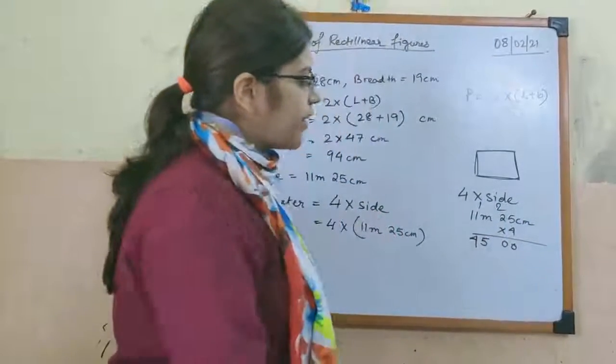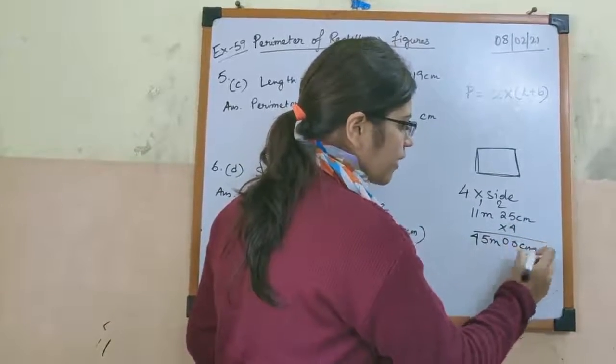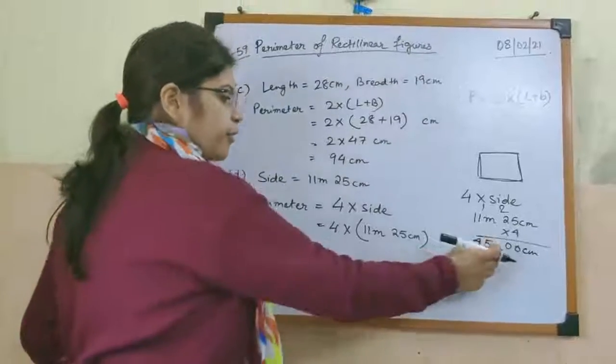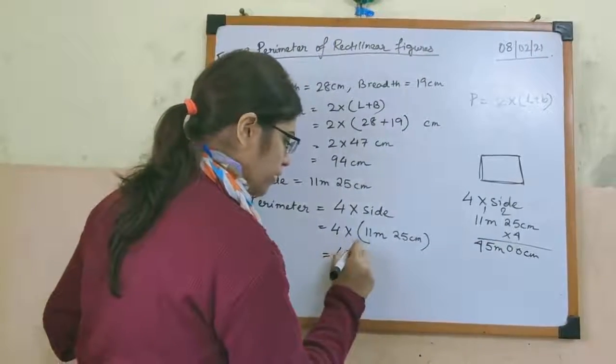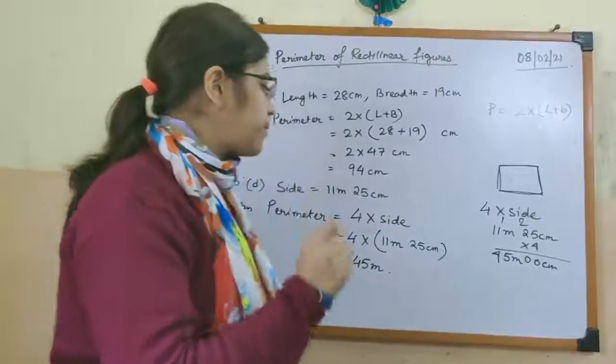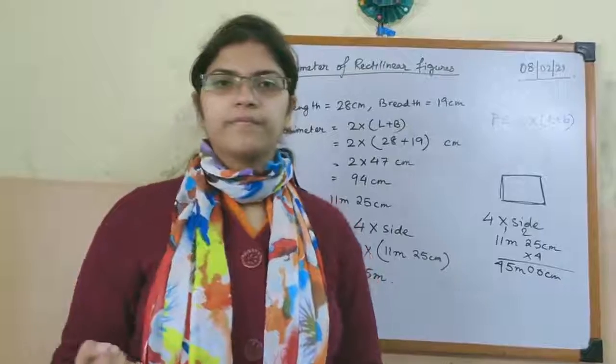What are we getting? 45 is in meter and in the centimeter part we have 0 0. That means nothing in the centimeter part, so we will only write 45 meter. So we will simply multiply 4 with the side to get the perimeter of a square.